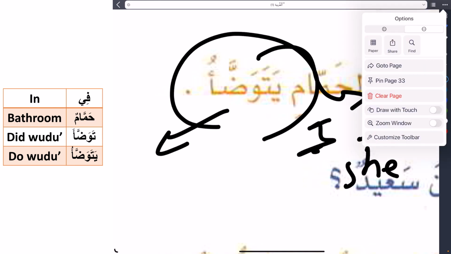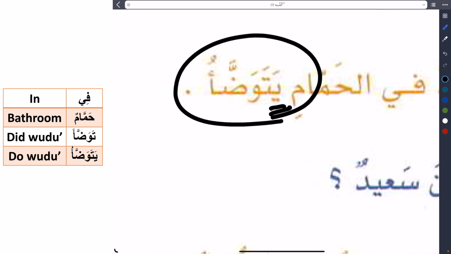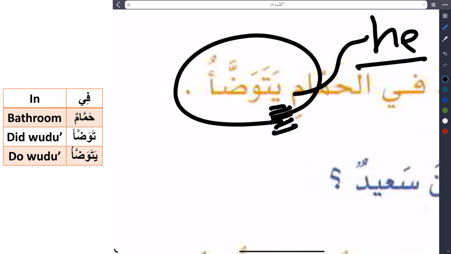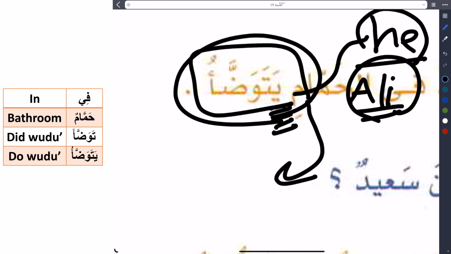What you need to know is this yatawadda'u starting with ya. We use it for he, or for masculine names like Ali. Ali is a masculine name. So he or Ali, for present. And for the past, you apply the rule of past. What is the rule of past?